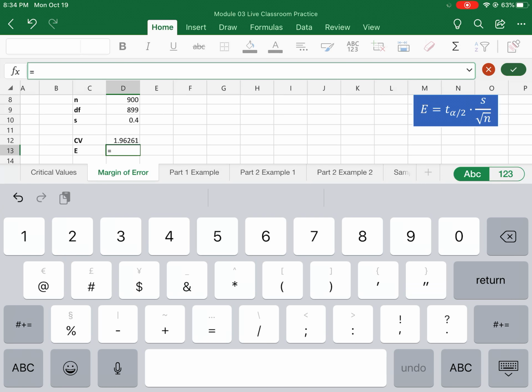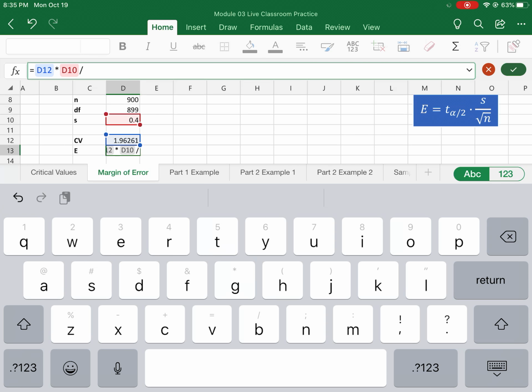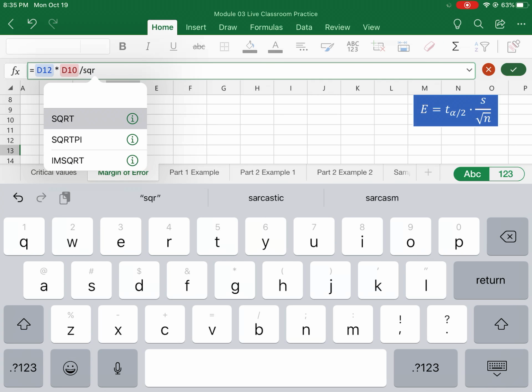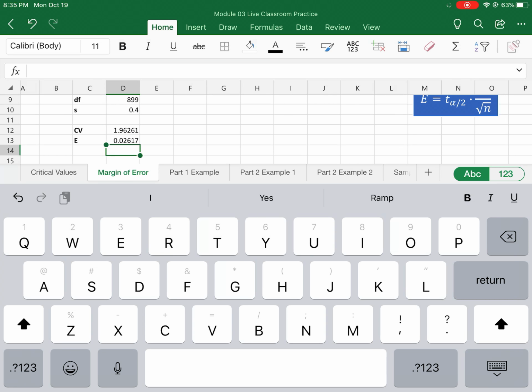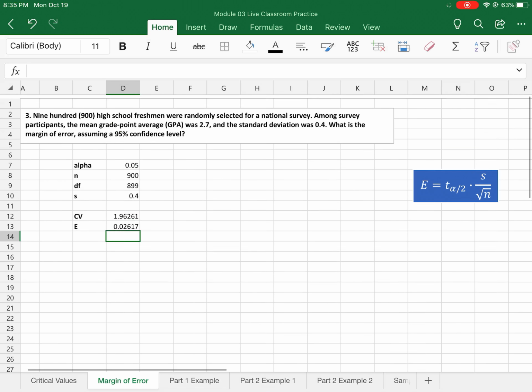Let's go ahead and type that in. So equals, well, I have my critical value, so I'm going to click that. And then times my standard deviation, divided by, and now it's the square root, so I'm going to type that, square root pops up nicely for me, of that number there, and hit enter, and now I'm given my margin of error.